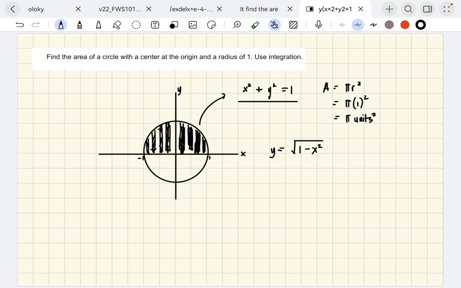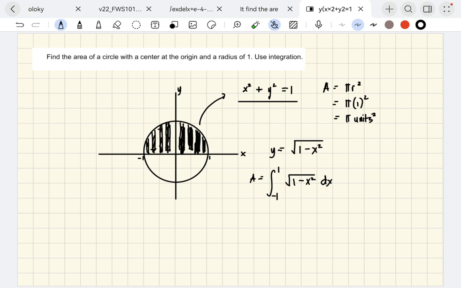So 1 unit to the left and 1 unit to the right. And I can create my integral now. From -1 to 1, the upper curve is the circle and the x-axis is the lower curve. So this would become the integral of square root of 1 minus x squared dx.